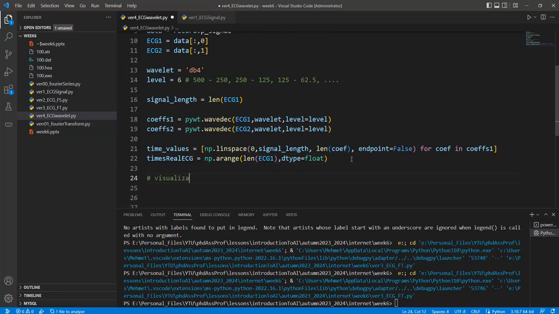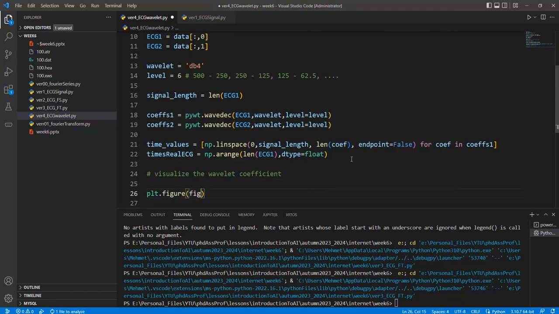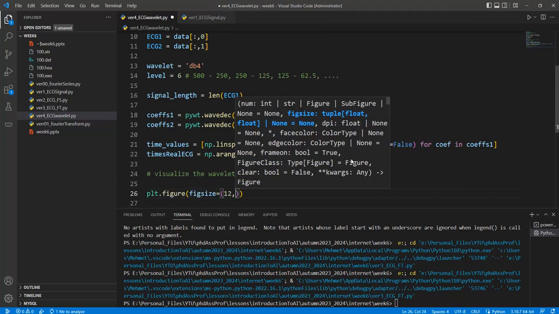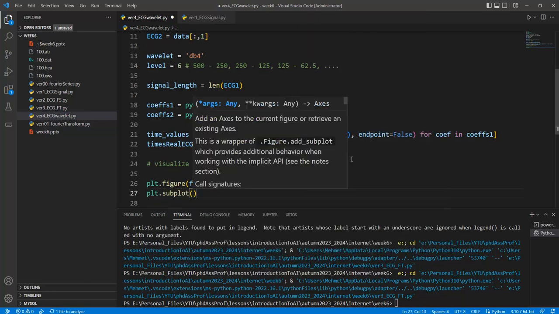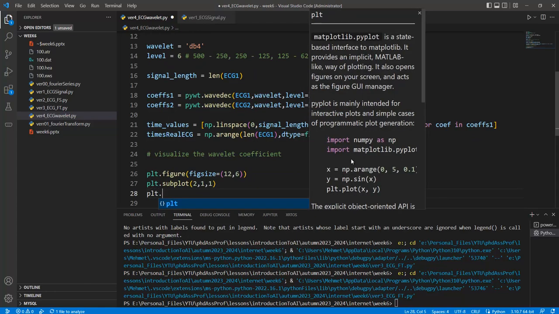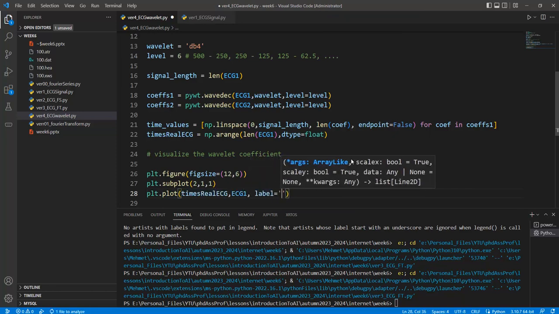And so visualize the wavelet coefficient at this one, plt.figure figsize 12, 6, okay, and plt.subplot is in here 211 and plt.plot times real ECG with the ECG1, and label should be assigned with what, the real ECG1, okay.